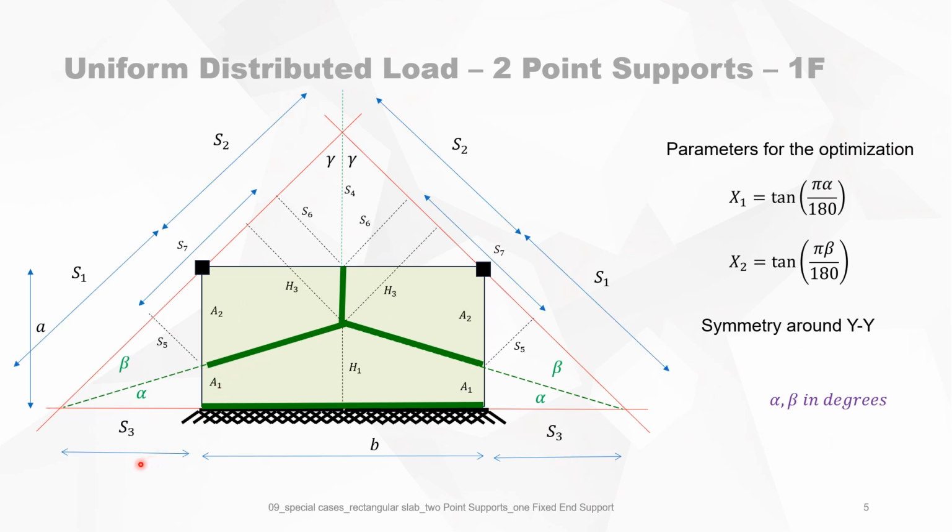Then we can identify some geometric characteristics. The main idea is that all the characteristics that we need for calculating the virtual work done should be expressed in our two parameters that we've chosen, alpha and beta, so that we can maximize the function afterwards.